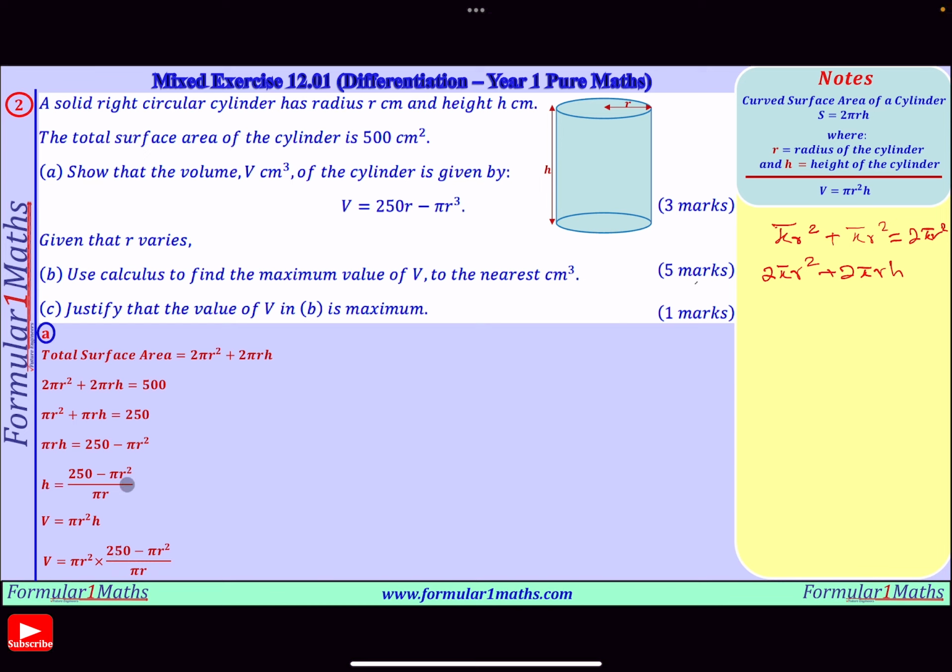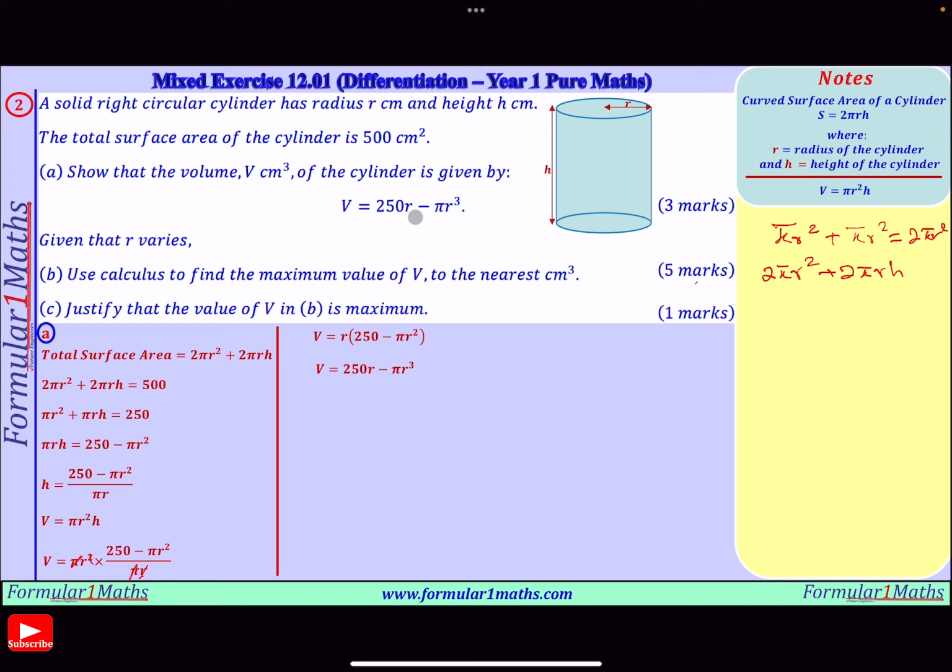At this point, we can reduce the fraction by cancelling the pi and the pi over there. And one of the r's here will cancel one of the r's here. And that means we are left with V is equal to r brackets 250 minus pi r squared. Expand the brackets to get 250r minus pi r cubed. And this is the expression required.